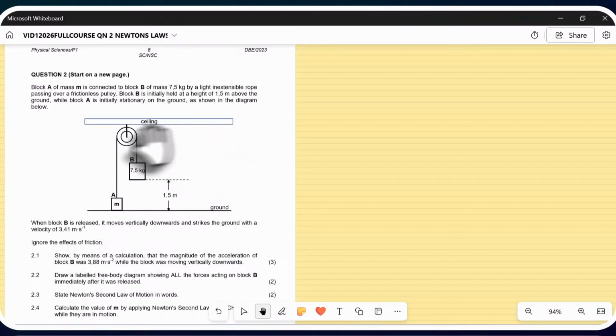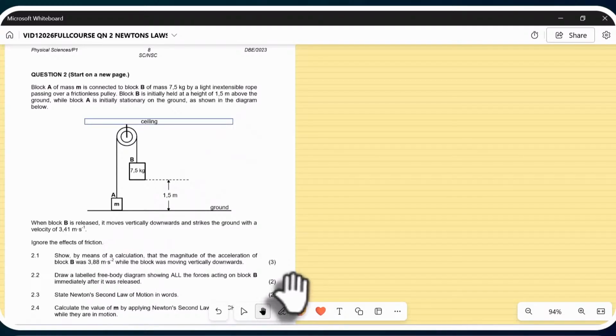When block B is released, it moves vertically downwards and strikes the ground with a velocity of 3.41 meters per second. Ignore the effects of friction. Question 2.1: Show by means of a calculation that the magnitude of the acceleration of block B was 3.88 meters per second squared, while the block was moving vertically downwards.